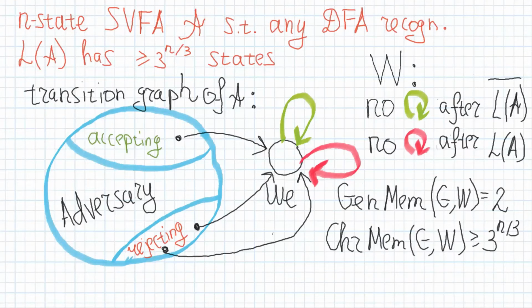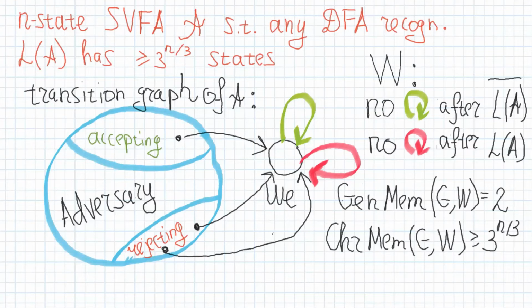So the winning condition is such that any infinite sequence which consists entirely of input letters of A is winning for us. If the adversary wants to win, it has to at some point leave the transition graph of A, and then it can only use some black edge, which goes to the node controlled by us.